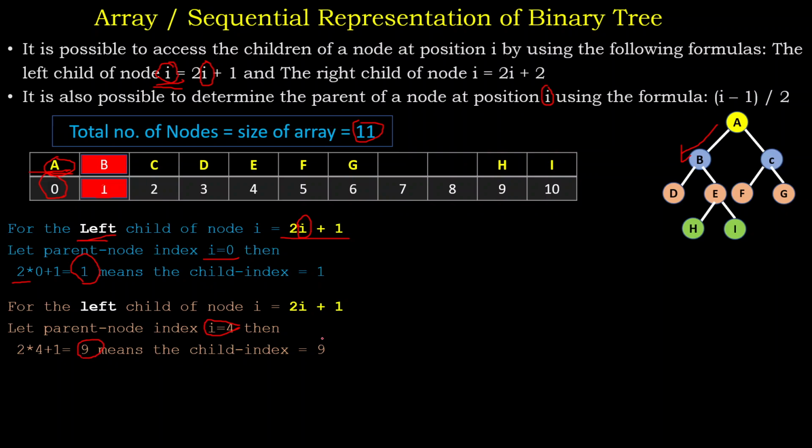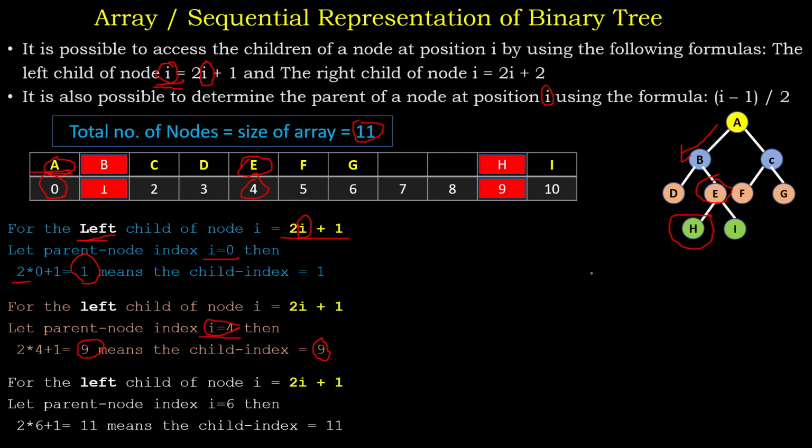So 9 is the index of the child of parent 4. Looking at index 4, we can find E, and at index 9 is its left child, yes. So this is the left side. In this way we can calculate.